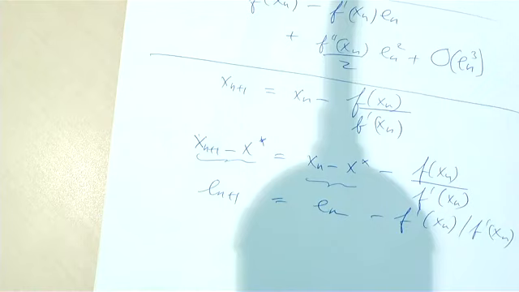So you plug it in. And now the final step is you just divide by E_n square. So divided by E_n square on the left, then you have this one. And then you divide by E_n square, so this one is only the ratio, and this one, divided by E_n square, you have only E_n. Okay?